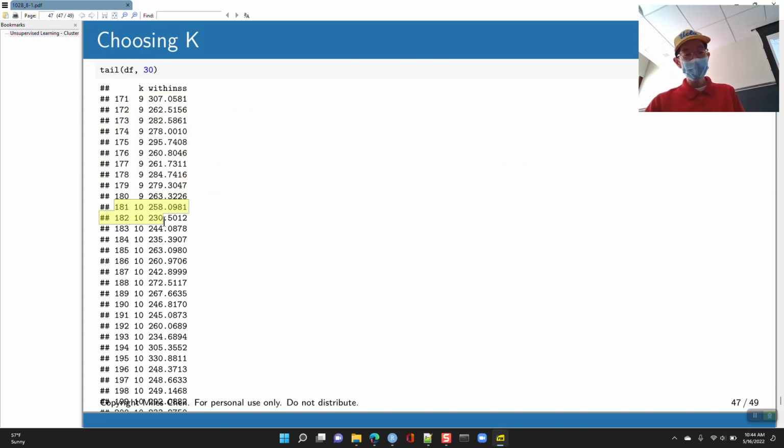With k equal to 10, we get some variation as well: 258, 230, 244, 263, and so on. In general, as you increase your k, your within sum of squares is going to decrease, just like increasing more variables makes your r squared value keep going up. So we can see there's some variation.